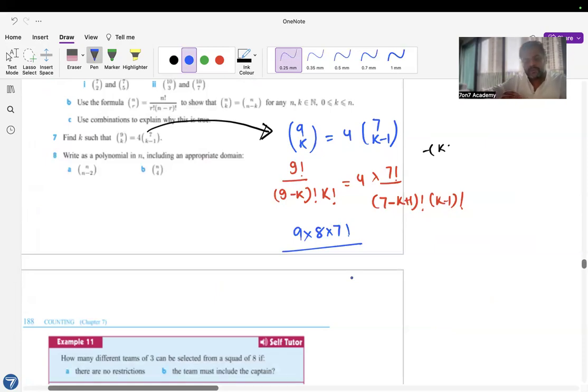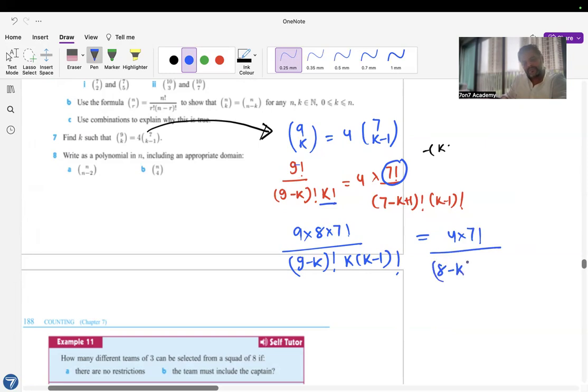Okay, so anyhow you have to remove all the factorials before solving it. To remove factorial, here is 7 factorial. You have to get 7 factorial this side. This is 9 minus K factorial times K factorial. So if you expand it, K minus 1 factorial is on the other side. 4 into 7 factorial over 8 minus K factorial into K minus 1 factorial.